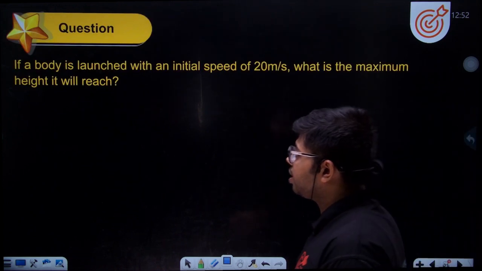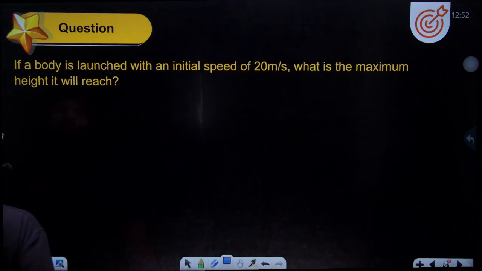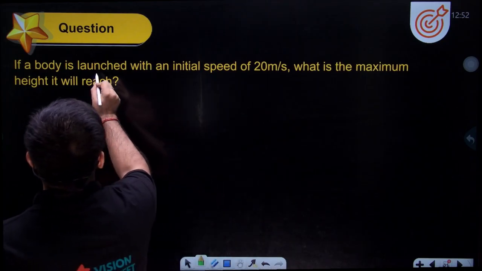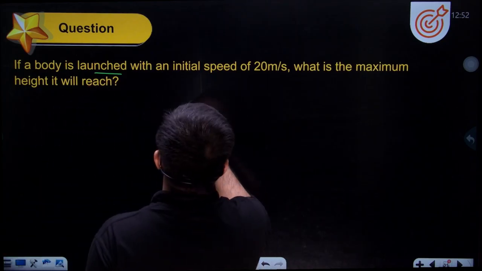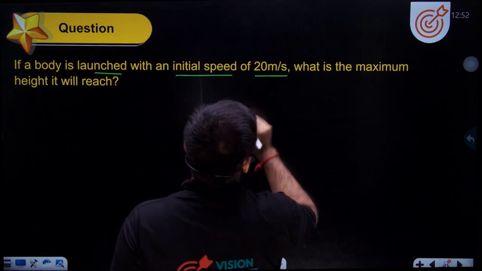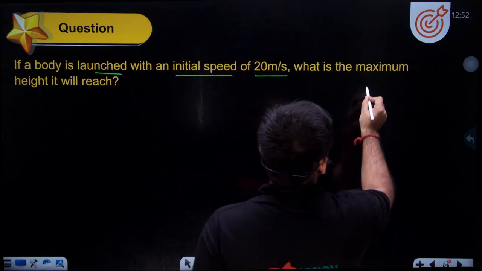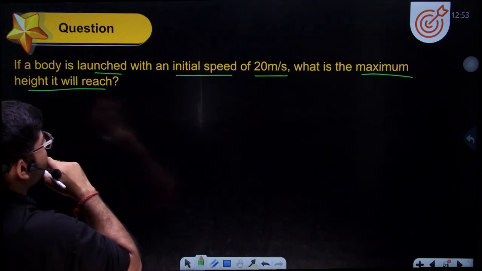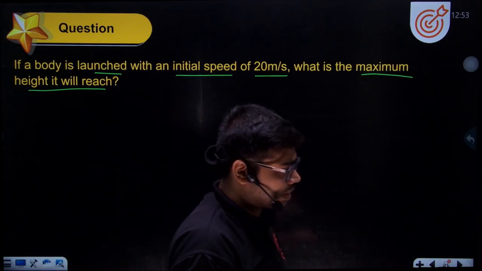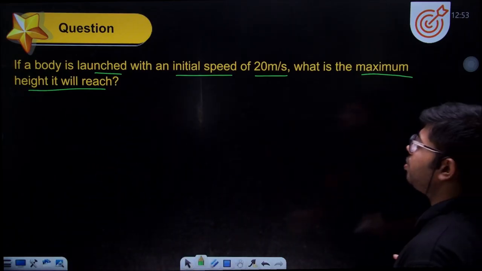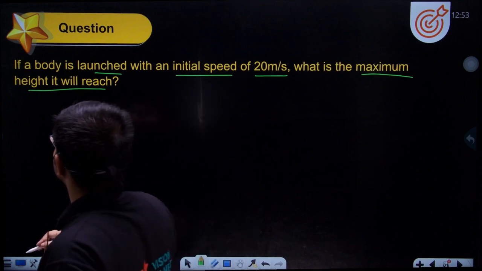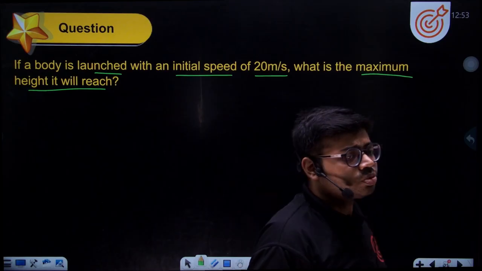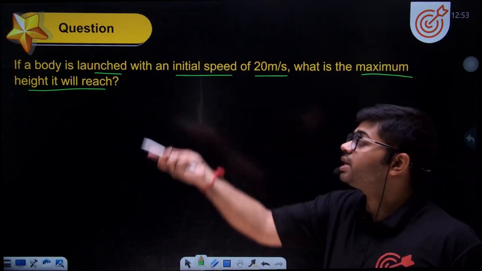Okay, now let us solve this question. If a body is launched with an initial speed of 20 meter per second, what is the maximum height it will reach? Here, launched means it has been thrown upward.